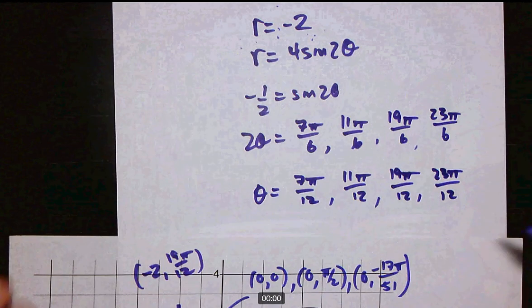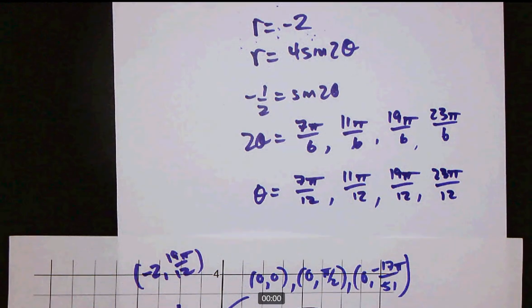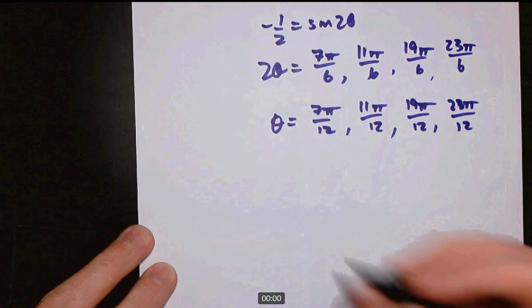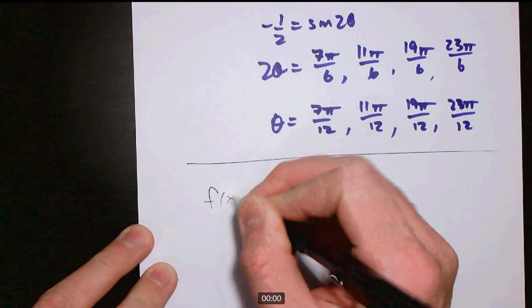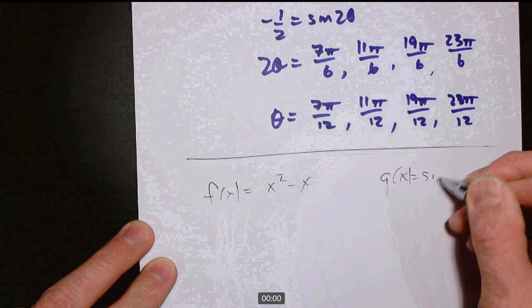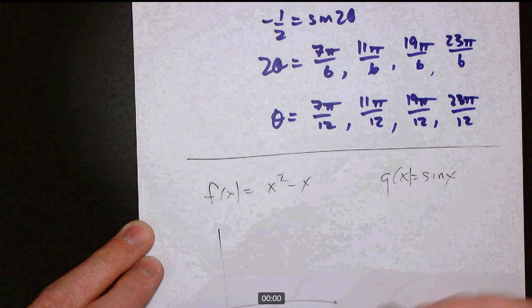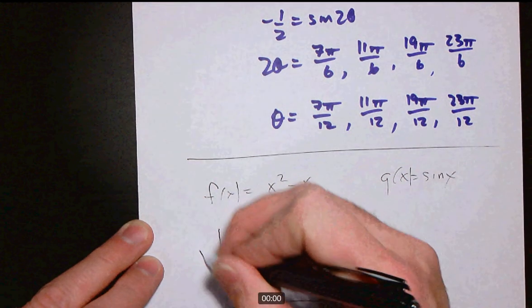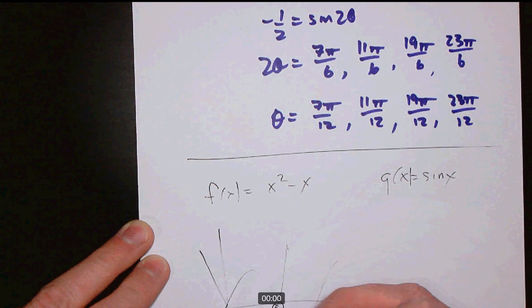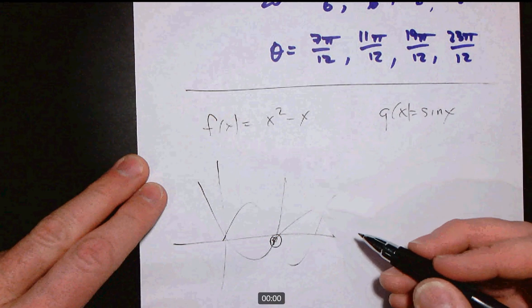And so this non-uniqueness of representation of points in polar can make it kind of tricky to find points of intersection between curves. This is something we take for granted when we work in the rectangular plane, because if you have a function like f of x is x squared minus x and another function g of x equals sine of x, you know that if these two functions intersect somewhere, they pass through the same point, they must have the same x coordinate and the same y coordinate.